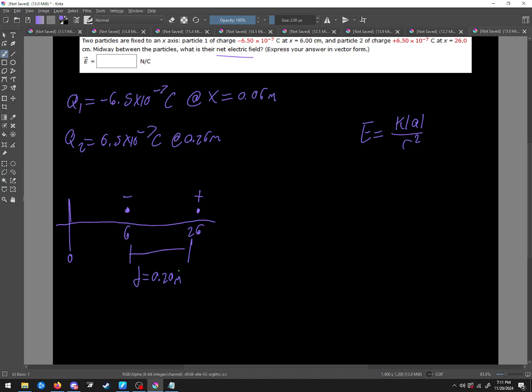Now that we know that, we're going to have a charge here of 6.5 times 10 to the negative 7. Now they're going to be attracting as they're opposite charges, and they are the same magnitude.